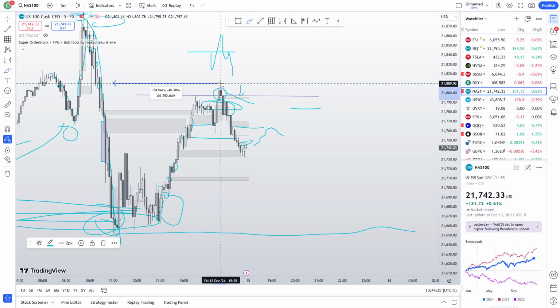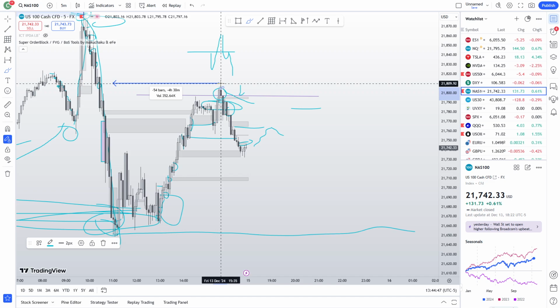Okay. All right, so I am looking at it. I just didn't know that also the turtle soups form on the lower time frames. So whatever I see on the higher time frames is also referenced on the lower time frames.